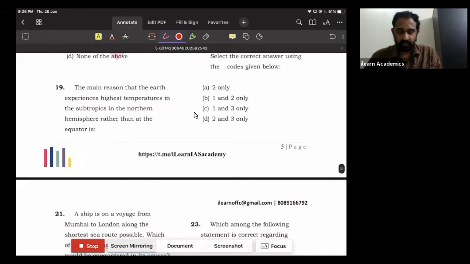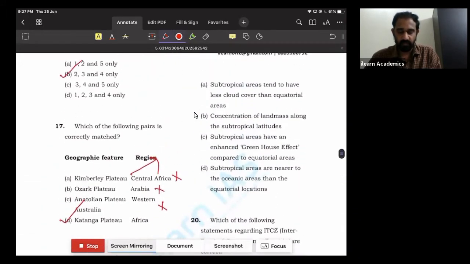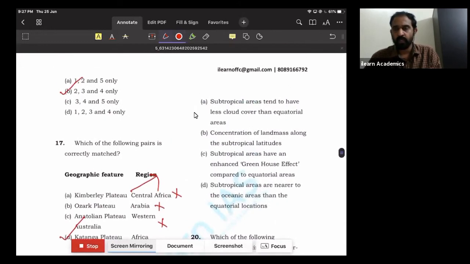The main reason that the Earth experiences highest temperatures in the subtropics in the northern hemisphere rather than at the equator is this. During the morning hours, the equator receives a lot of sunlight, and the air in the equator region gets excited.